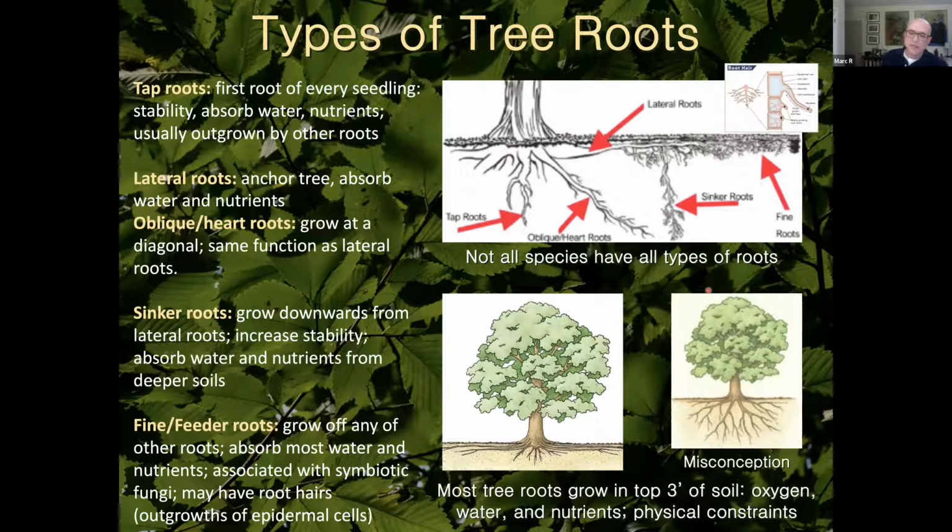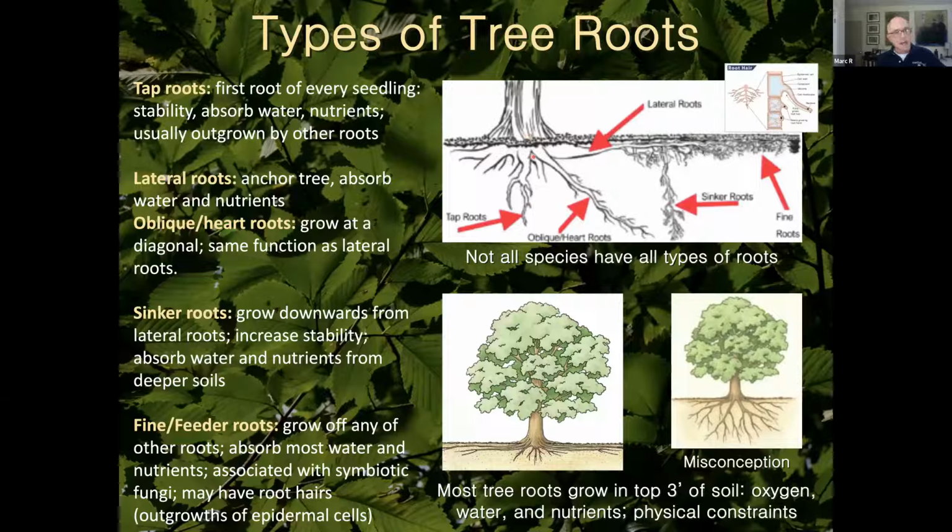An important thing to understand is the different types of tree roots, especially when we start talking about different root systems that different species might have, and it affects how we plant them and how we grow them. All plants basically start with a taproot, that single root that comes out of the seed and goes downward.